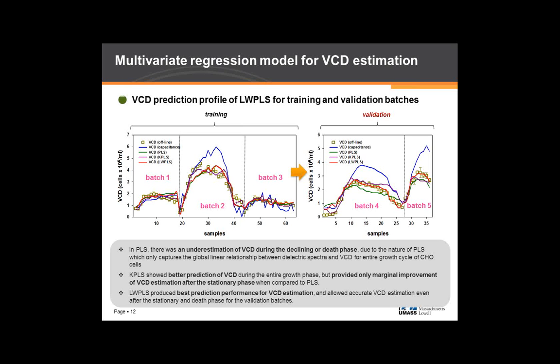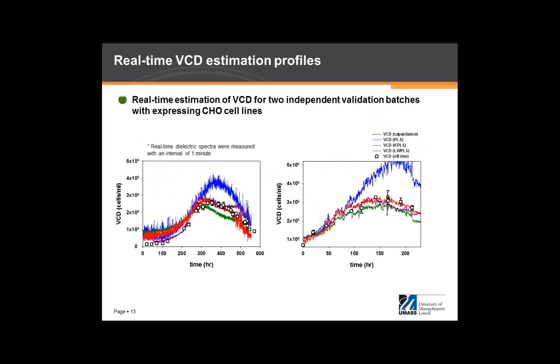So this model is very different from the earlier model. Here there are 2 distinct differences between previous approaches and this one. Number 1 is that we are using the whole dielectric spectroscopy spectrum, and the second, we are using a locally weighted and adaptive regression methodology. So those 2 are the distinct changes from the previous methodology.